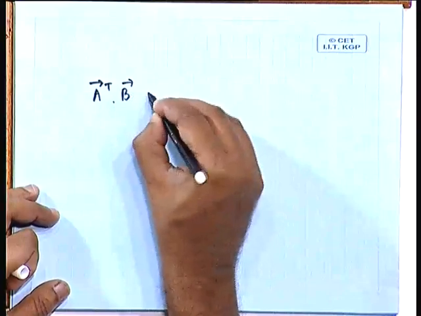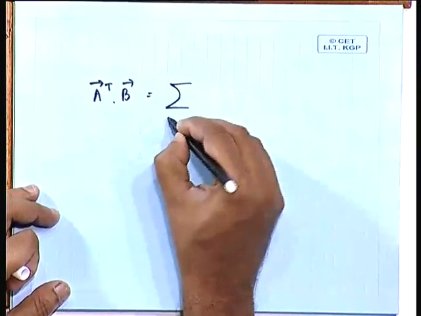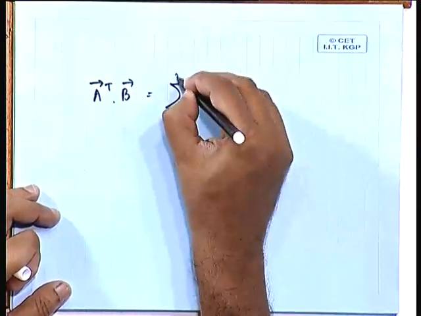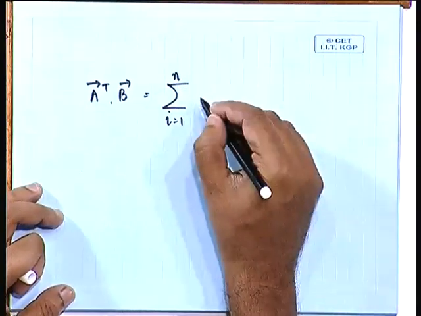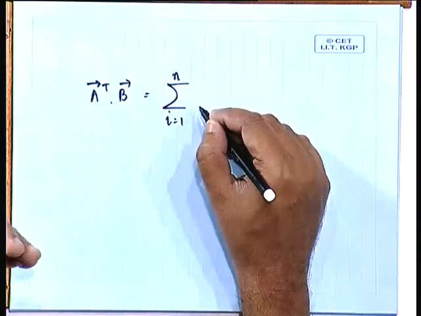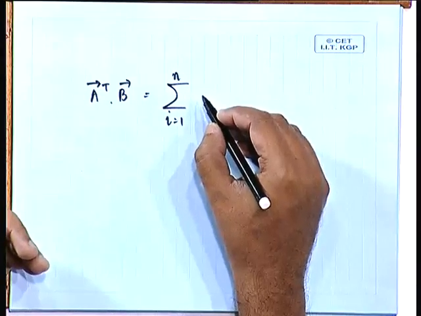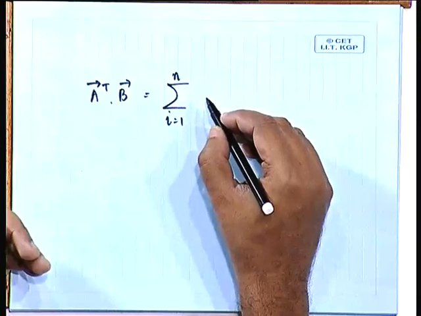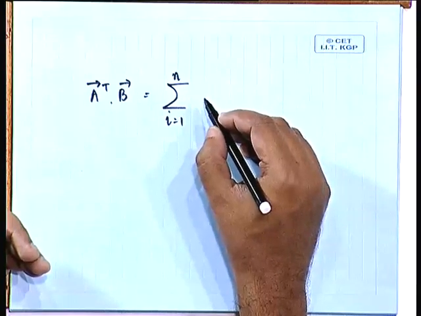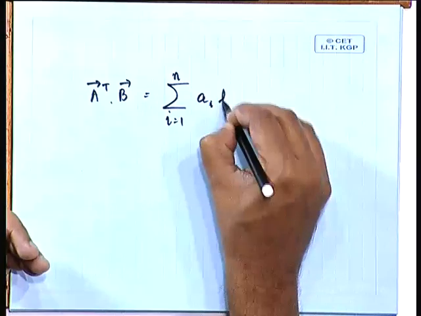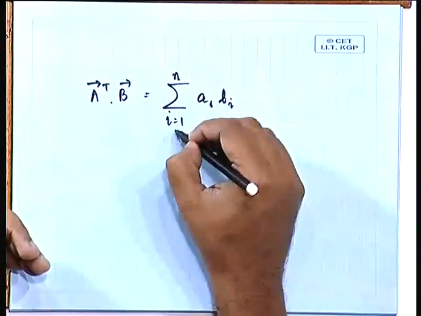Because A transpose B simply means, if it is an n dimensional vector, this can be written as summation i is equal to 1 to n, and if A vector comprises the terms a1, a2 up to an, and B vector consists of b1, b2 up to bn, then it will be summation a_i b_i, i is equal to 1 to n.